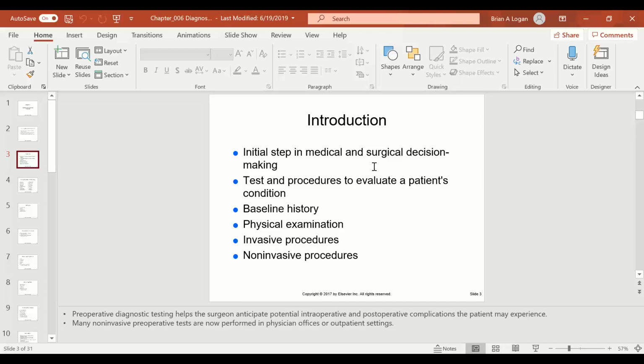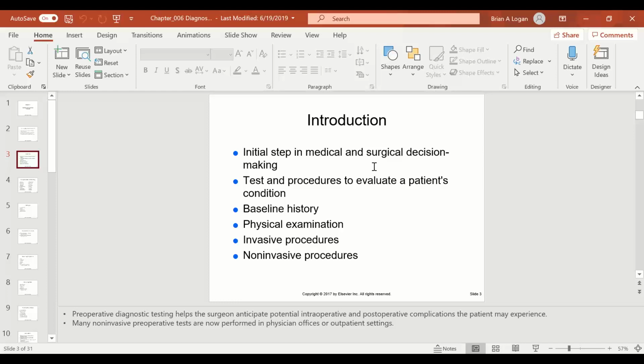How are they doing? We start that off with a history of the patient, their medical history. Have they had any broken bones? Have they ever had surgery before? What kind of disease processes do we have? Do they have diabetes? Do they have COPD? That's the history we're getting.